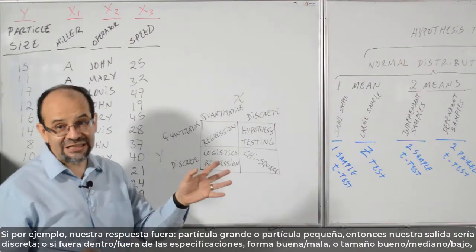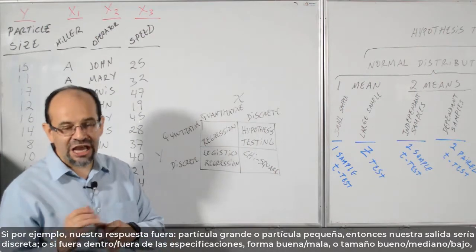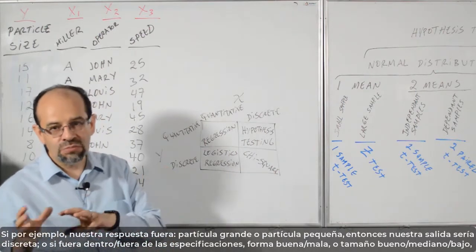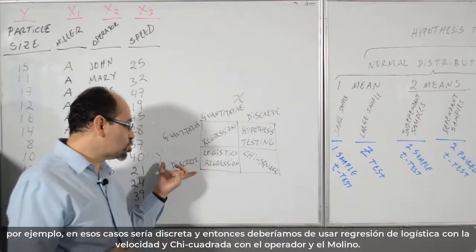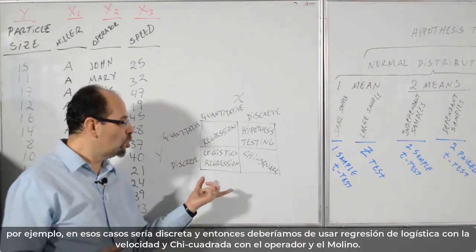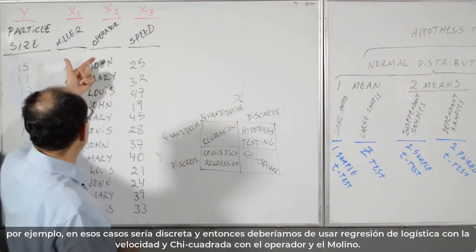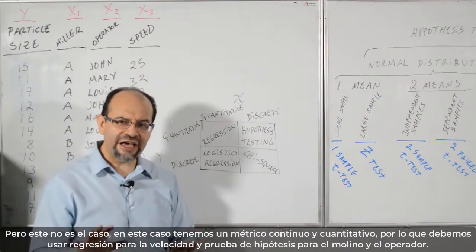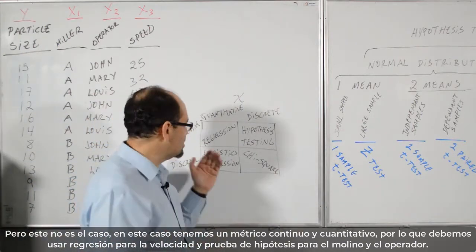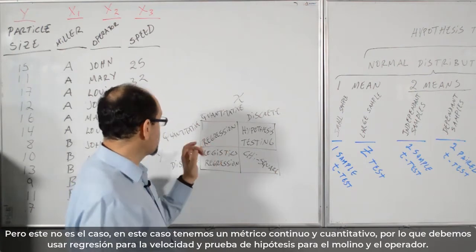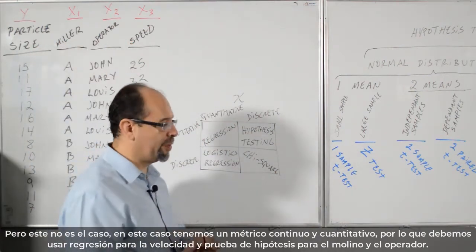If it's inside the specs or outside the specs, good shape, bad shape, or good, medium, low size, in those cases it would be discrete, and then we should use logistic regression with the speed and chi-square with operator and Miller. But this is not the case. In this case, we have a continuous, quantitative metric, so we should use regression for speed and hypothesis testing for Miller and operator.